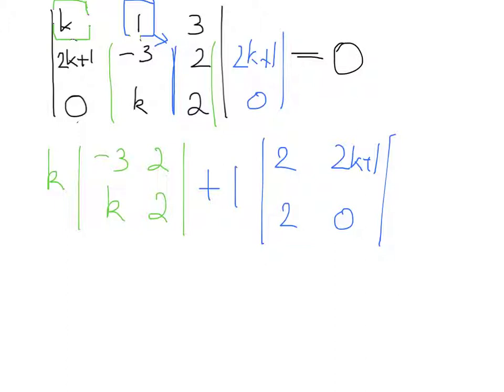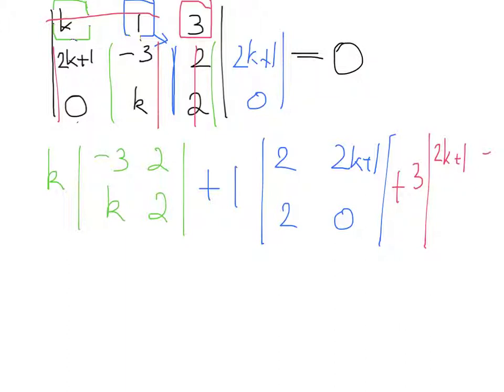So, lastly in red, we're going to take the third one in the first row, and we're going to cross out, once again, what's in the same row and same column, and we're going to use the determinant that's left over. So we're going to have plus 3 times 2k plus 1, -3, 0 and k, and we've got to finish the determinant off over there.